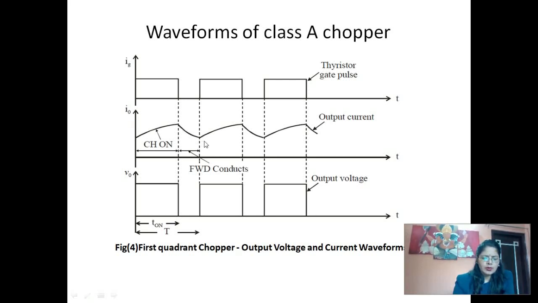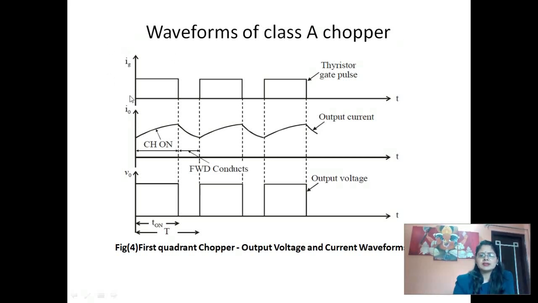When chopper is off, the inductor discharges from its maximum value to minimum value, and the output voltage this time is equal to zero. There is no output when chopper is off. Again the chopping period repeats the same. The inductor starts charging from minimum value to maximum value. This time the chopper is on and we get some output, and when chopper is off there is no output.